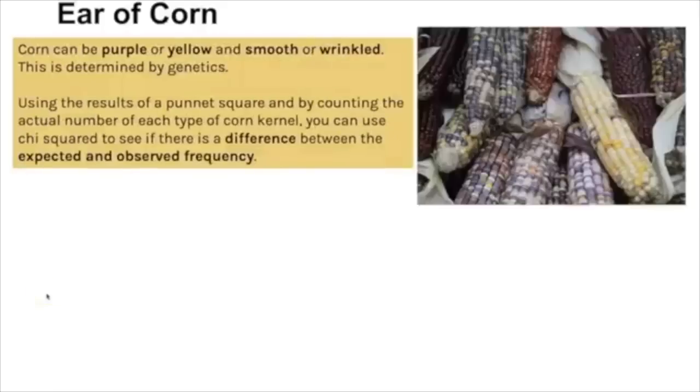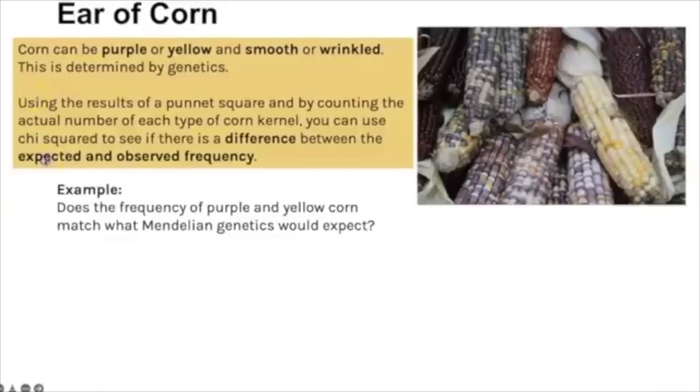So let's go through an example. Corn can be purple or yellow and smooth or wrinkled. It's not actually just yellow like you see in the supermarkets, and this is determined by genetics. So using a Punnett square and by counting the actual number of each type of kernel, we can then use chi-squared to see, is there a difference between the expected frequency and the observed frequency?